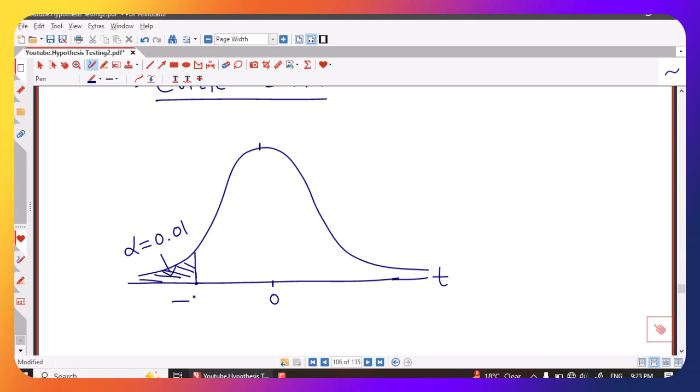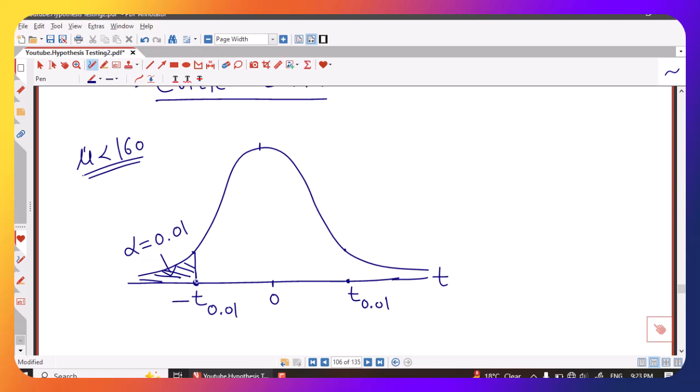So this point is minus t 0.01, and due to symmetry we will have t 0.01 here. We are not interested in this value, we are interested in this critical value only, because our alternative hypothesis is less than type, or lower tailed test.